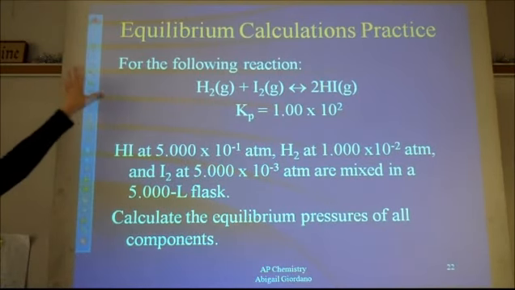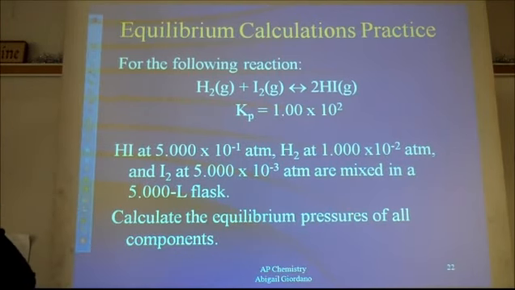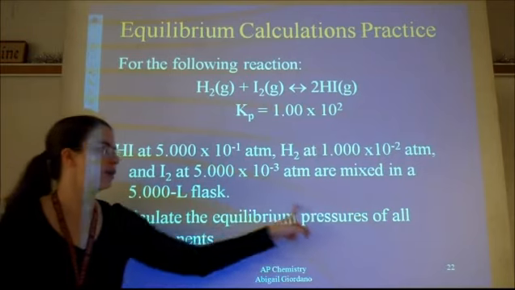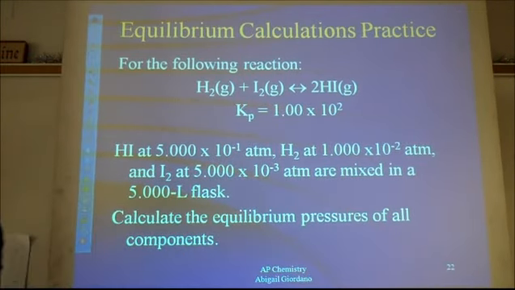Ladies and gentlemen, this is the exact same type of problem. I'm given some initial conditions, I'm asked about equilibrium conditions, and I'm given a value for K, or Kp in this case. Do I need an ICE table?